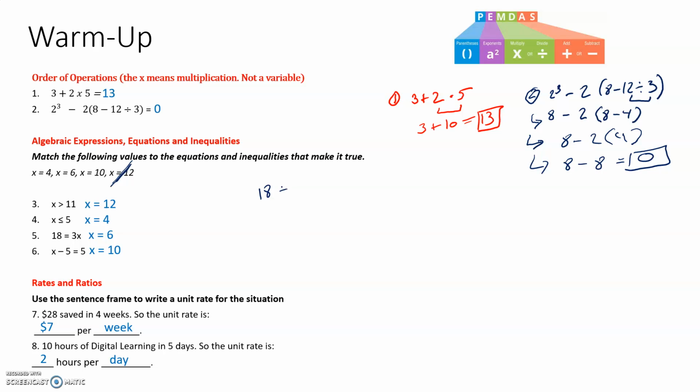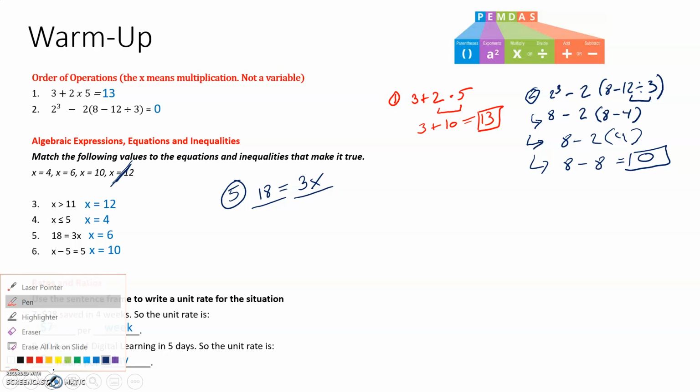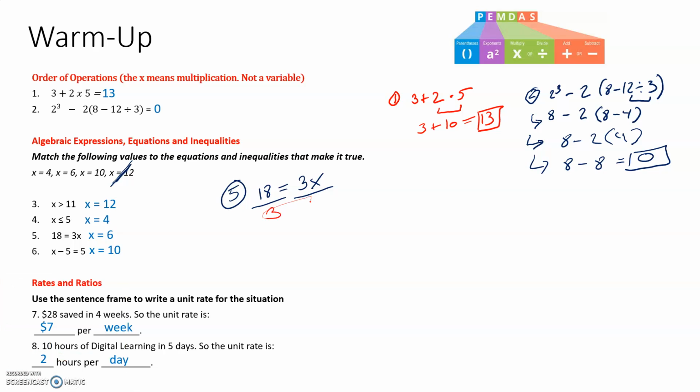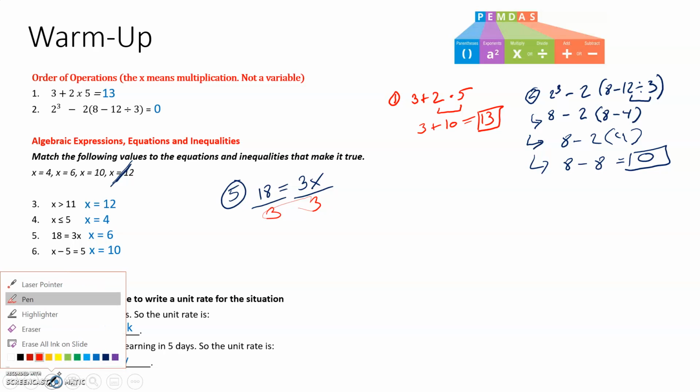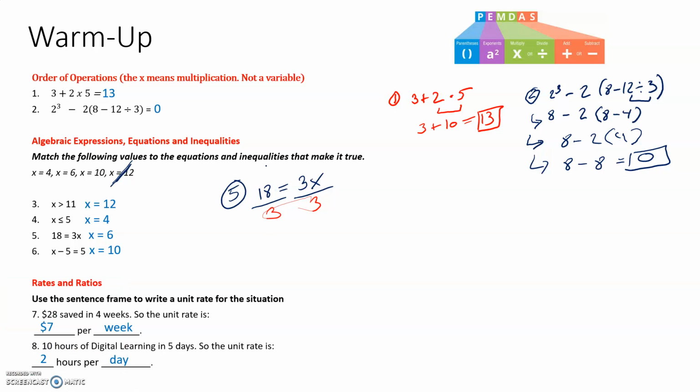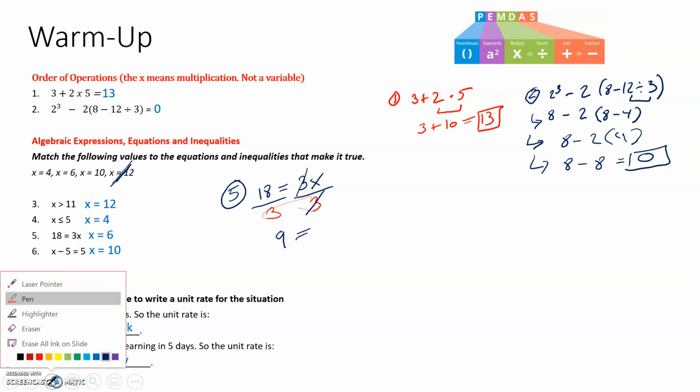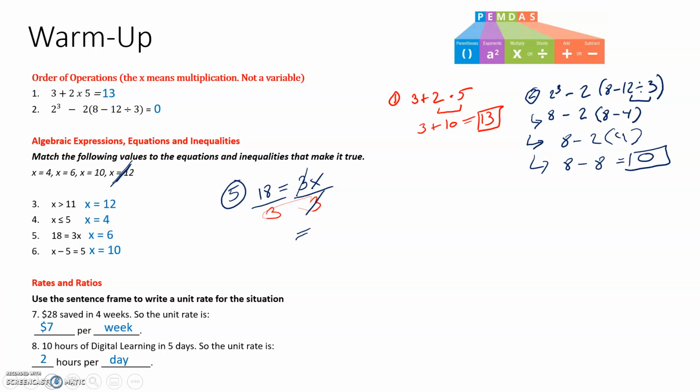I'm going to circle number 5 and divide both sides by 3. 18 divided by 3 is 6, and the 3s cancel each other out. I don't know where I got 9 from. So 6 equals x.